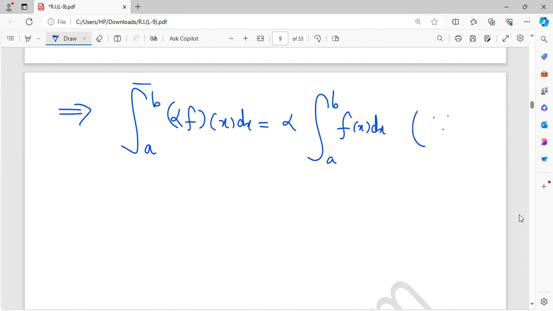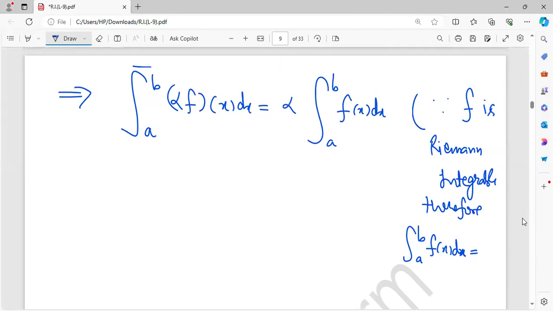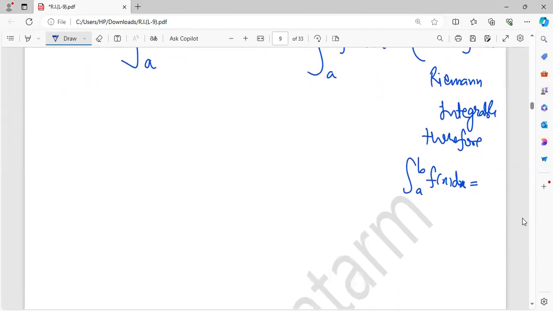Since f is Riemann integrable, therefore the integral of f(x) dx is equal to the lower integral also.